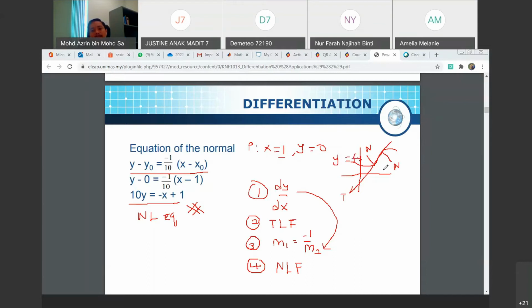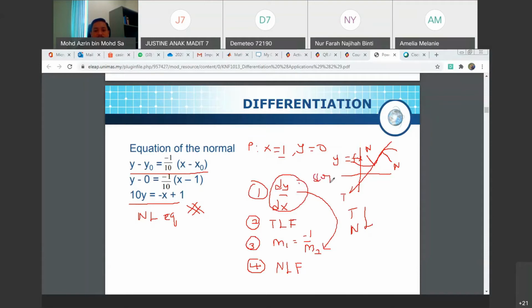Okay, so here's some application for tangent and normal line, where you can use differentiation to find the slope.